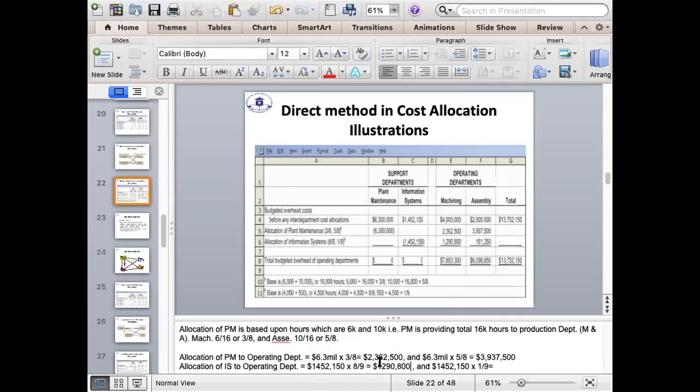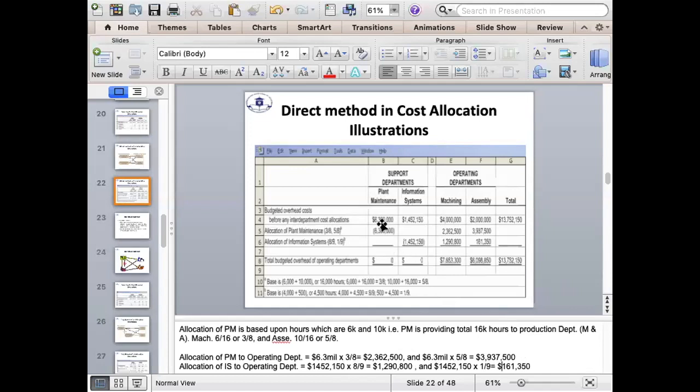Same thing here, if you divide this number by this, you have 161,350. All right. So this is the allocation. This number comes through this, and this number comes through this. So this is the allocation.